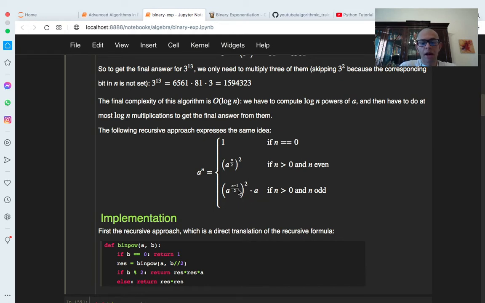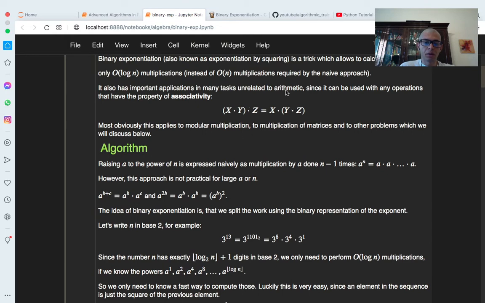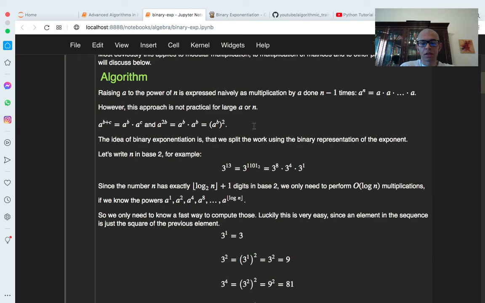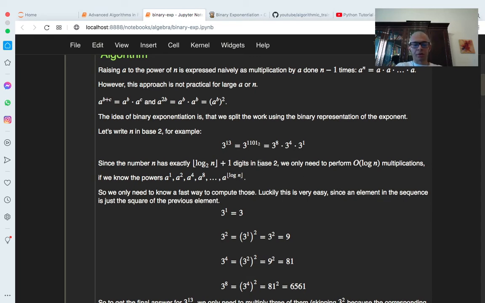So a power n minus 1 times a would be just a power n. So we just have changed from this base form to a more associative form, applying the rule of associativity. Till here we didn't really use much of this bit manipulation, but we'll get to it.